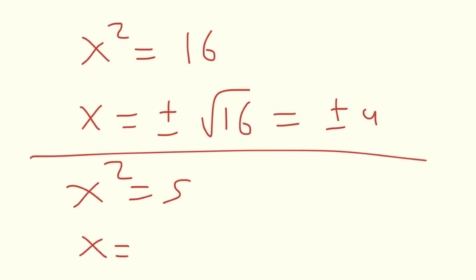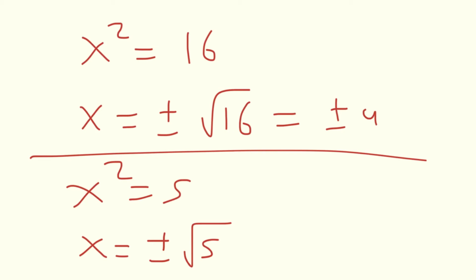This is another question. We do the same thing: plus and minus the square root of the number. What is the number? 5. Radical 5 is radical 5. There's nothing I can do about it. That's the answer.